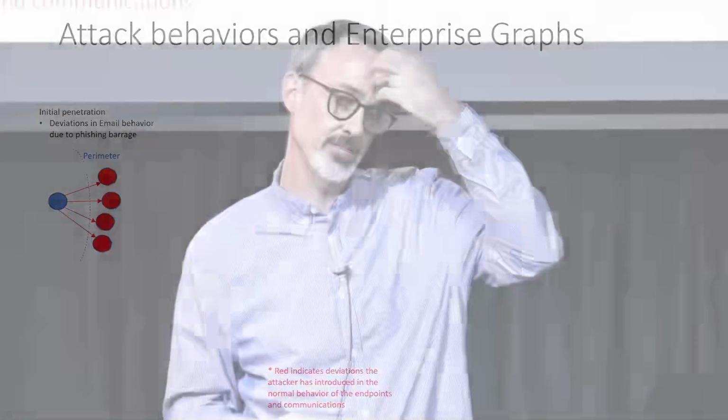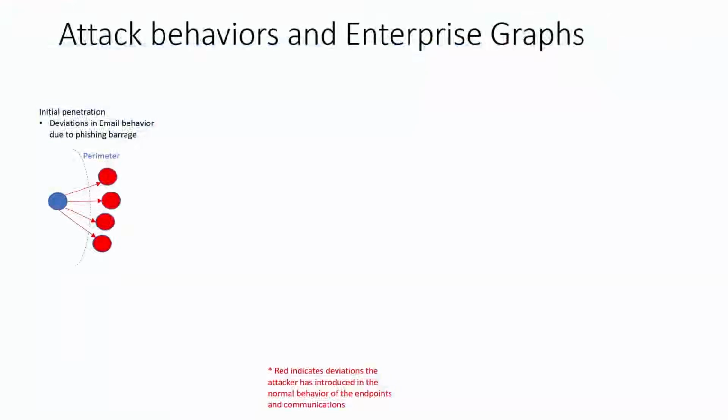They could be inferred, and we could figure that out from similarity or other things. But in this case, it's an observed email being sent from a phishing sender on the internet to a set of users inside of the enterprise. And again, cartoon. There's a perimeter here, just so you know what's in the internet and what's in the enterprise.